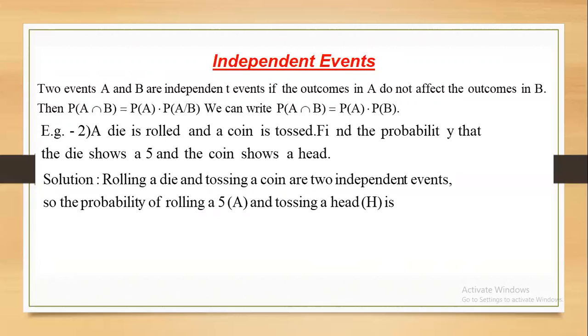So rolling a 5 is event A and tossing a head is event H. Probability of A intersection H equals probability of A times probability of H. It's equal to 1/6 times 1/2. Then the answer is 1/12.